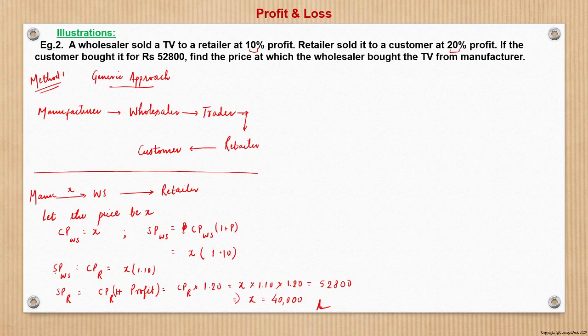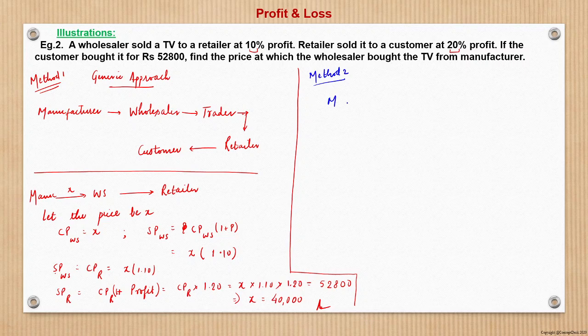However, if we use the graphical representation in percentage, which we had seen, we can solve this quickly. So method 2 I will try to solve this, and that will be really quick. Method 1 was just a generic approach where we assumed an equation and then went step by step. In method 2 we will just pictorially depict everything.